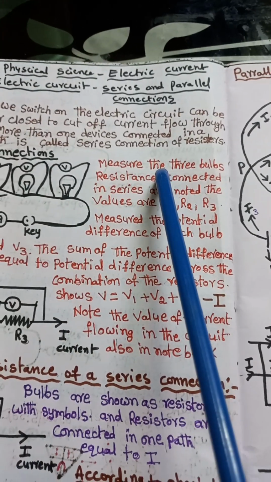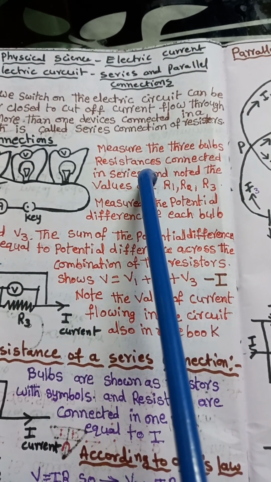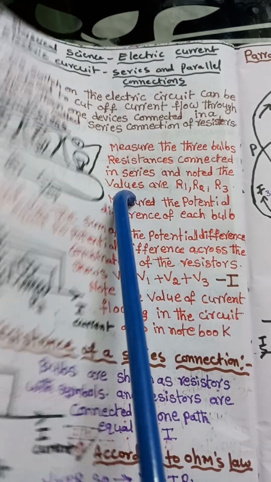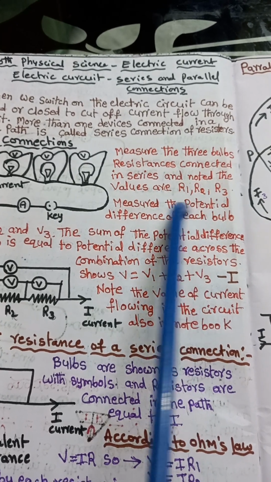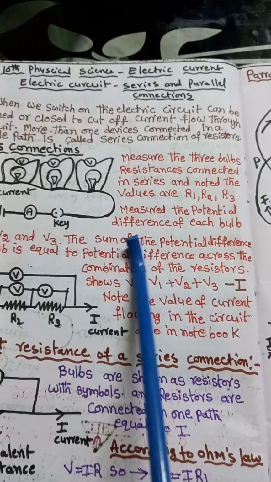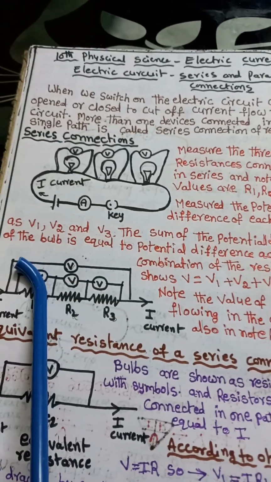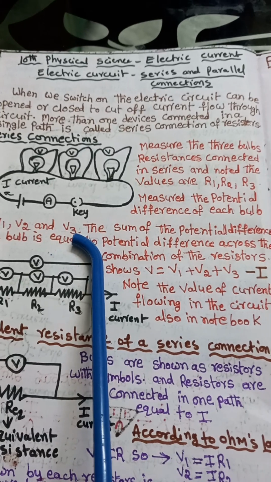Then measure the resistance of the three bulbs connected in series and note the values as R1, R2, R3, and measure the potential difference of each bulb as V1, V2 and V3.